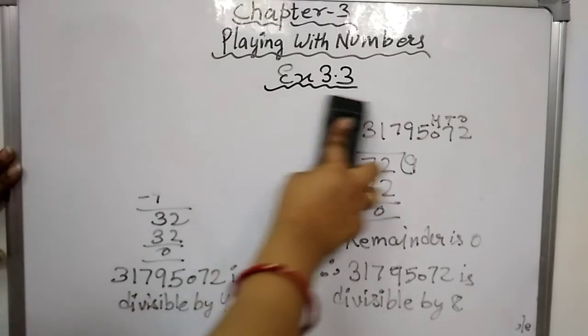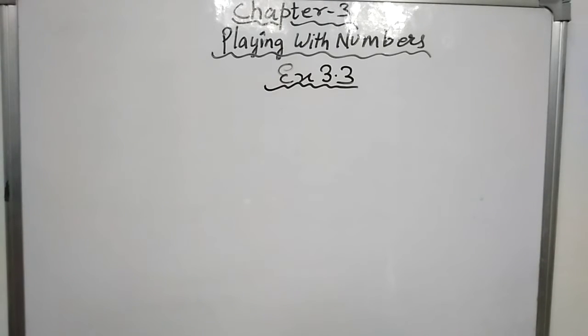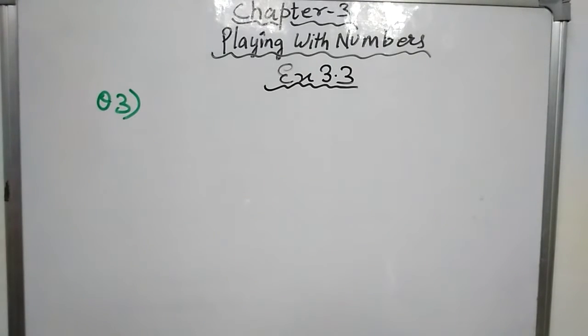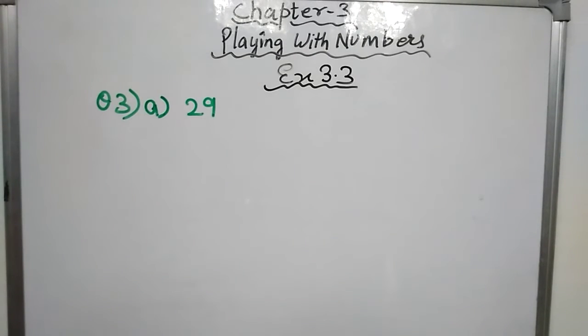Next is question number 3. Using divisibility test, determine which of the following numbers are divisible by 6. In this question, divisibility test of 6 need to be conducted. Let's take first part.